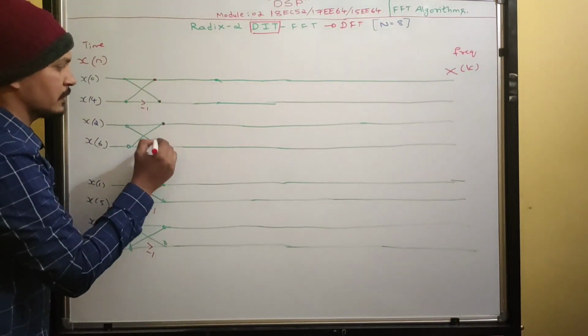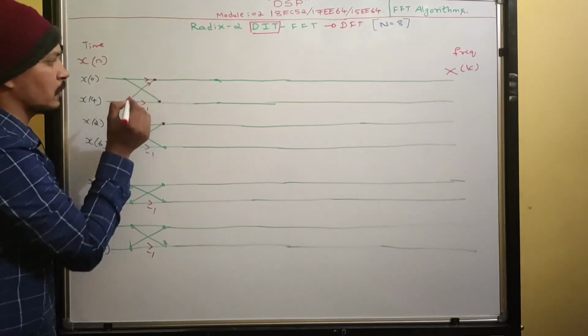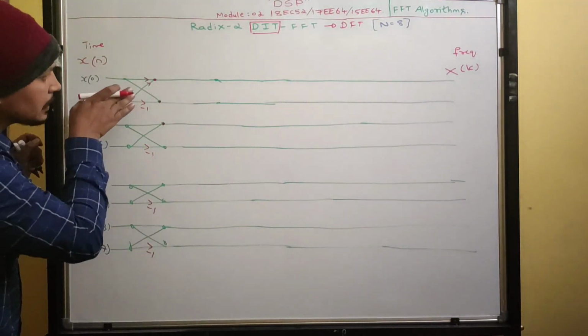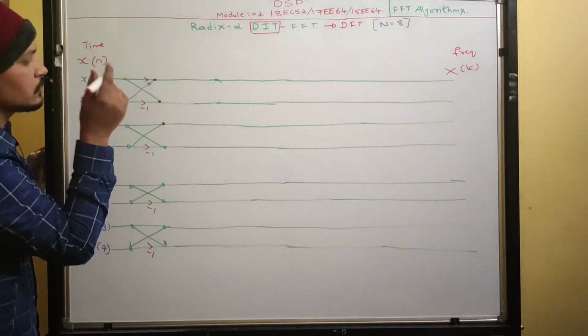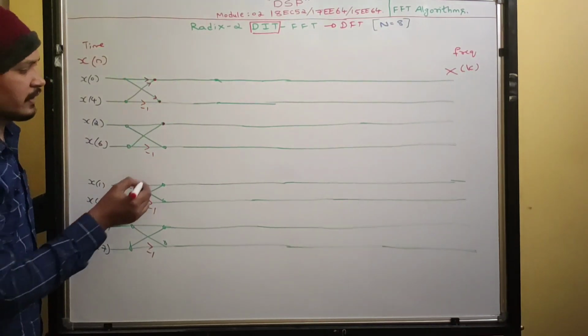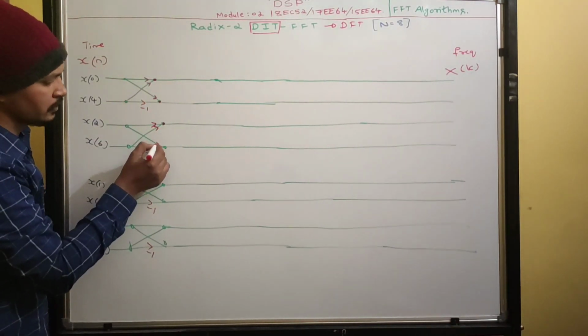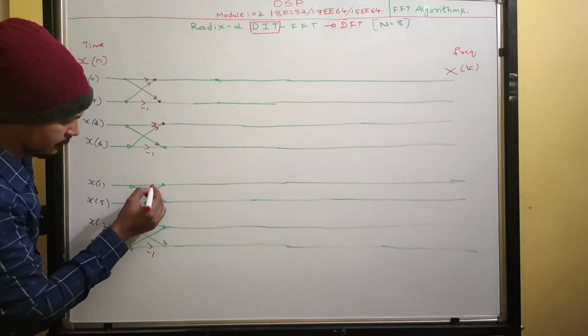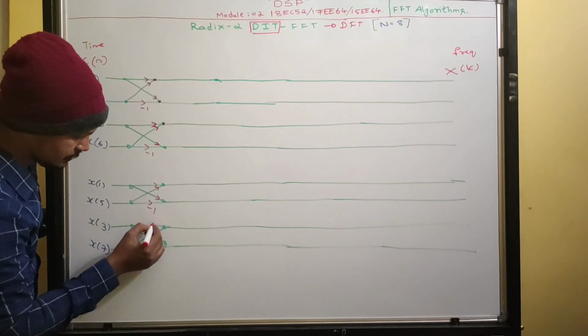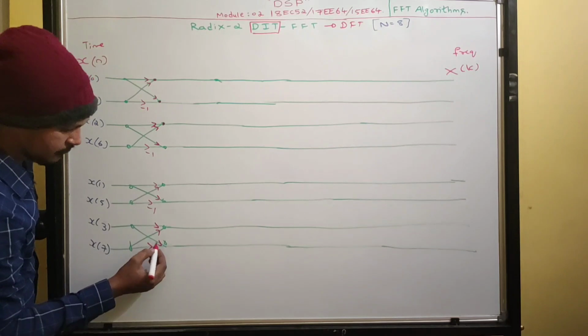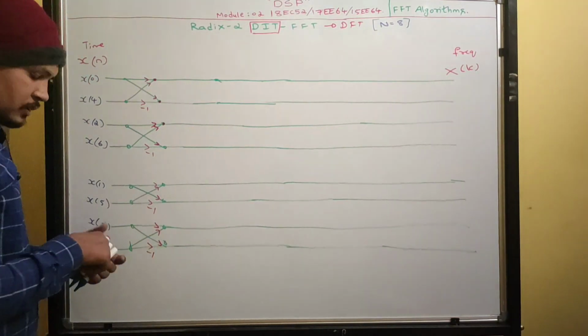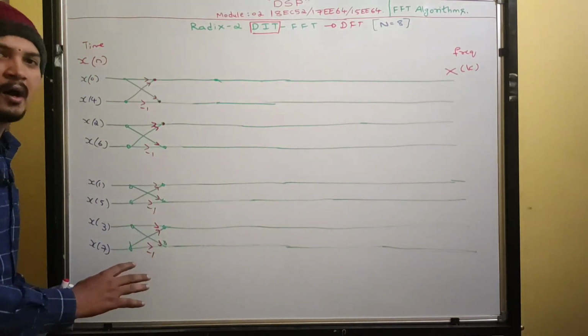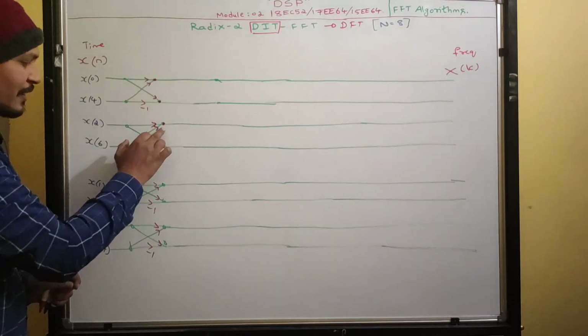There you write arrow marks. Arrow marks are entering to that node. Write arrow marks entering to the node. This is also entering. Got it? See, once you write this, it is called 2 point.